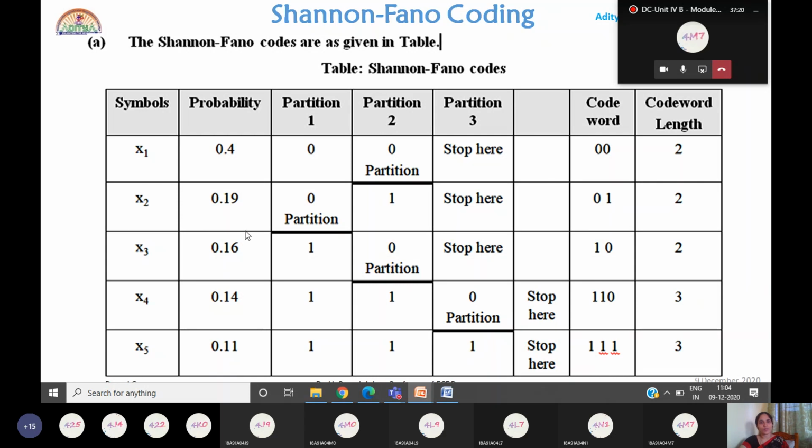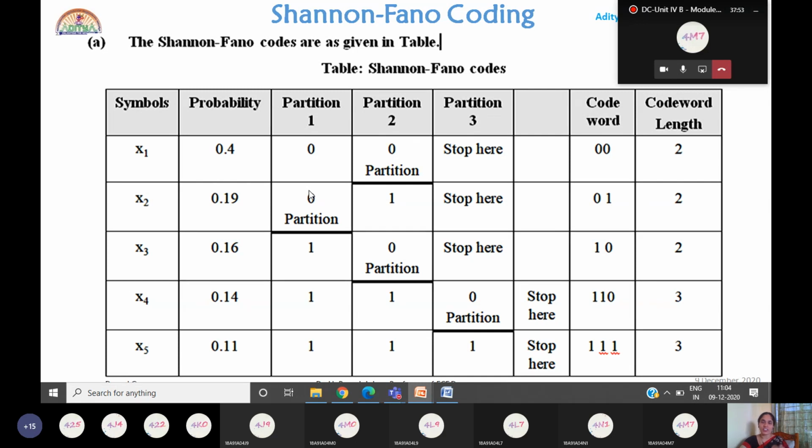What is the next step? In step 2, divide the initial symbols set, that is x1, x2, x3, x4, x5, into two subsets such that the two subsets are equiprobable or approximately equiprobable.